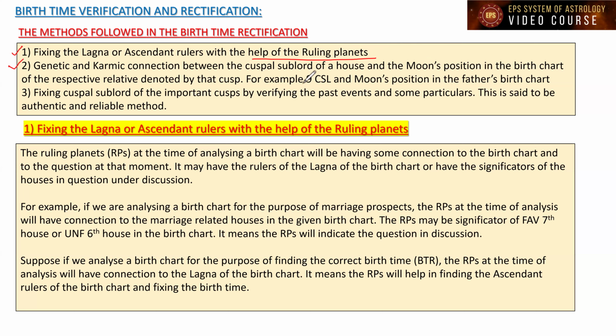The second one is the genetic and karmic connection between the cuspal sublord of your house and the moon position in the birth chart of the respective relative denoted by the cusp. For example, the ninth house denotes the father, right? So take the ninth cuspal sublord and the moon position in the father's birth chart.